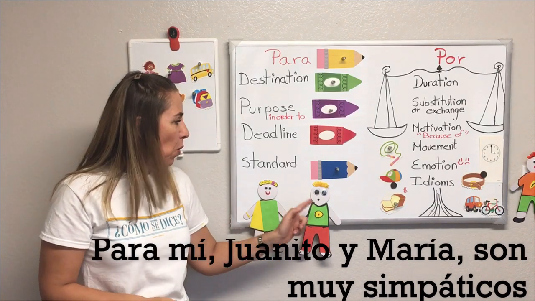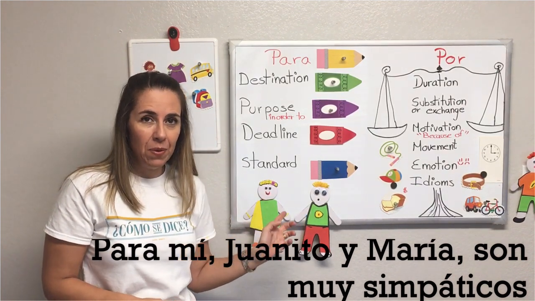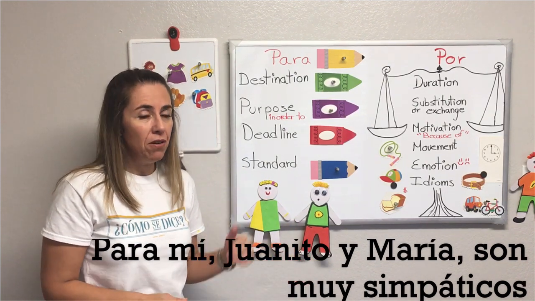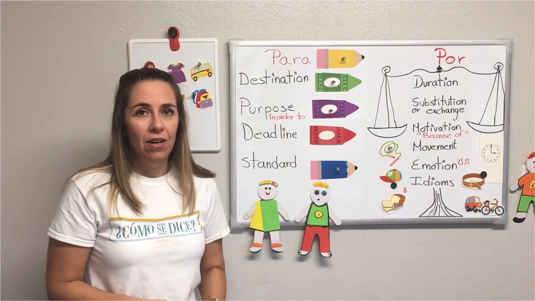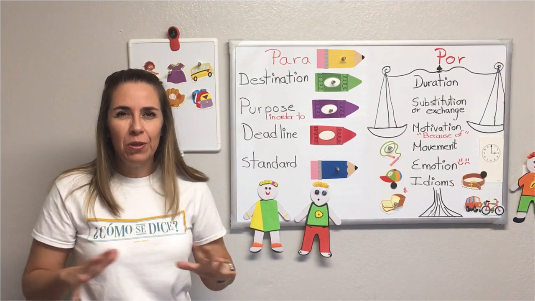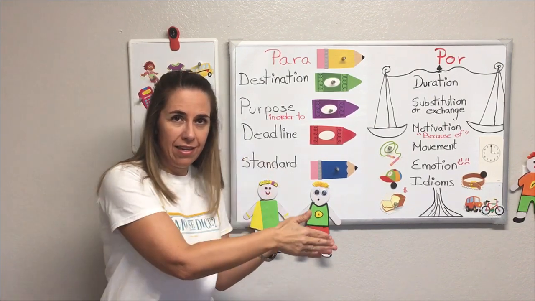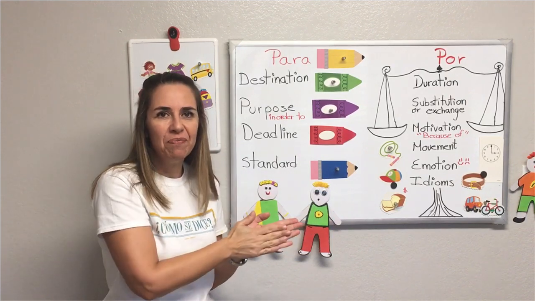Para mí, Juanito y María son muy simpáticos. For me, in my opinion, Juanito and Maria are nice people. Okay, so could you see that arrow that goes from one side and has a specific direction and destination?